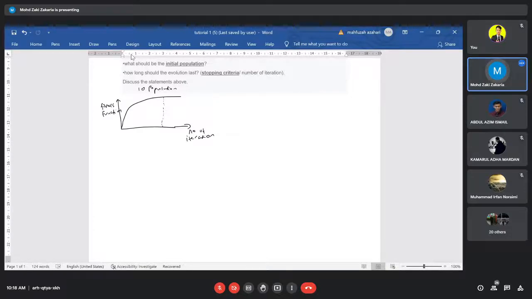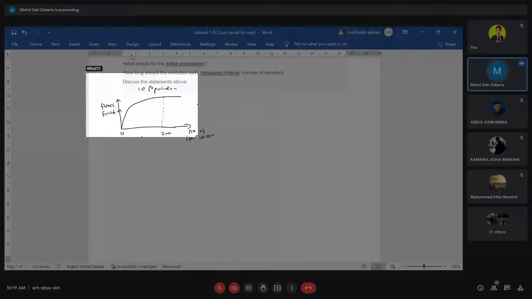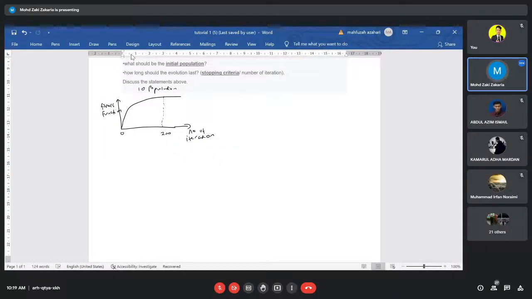For example, after 200 iterations, the fitness function value is still the same. But before 200, from 0 to 100, the value of the fitness function keeps increasing until at one point it is static. So we keep this result, then we do the comparison after this.